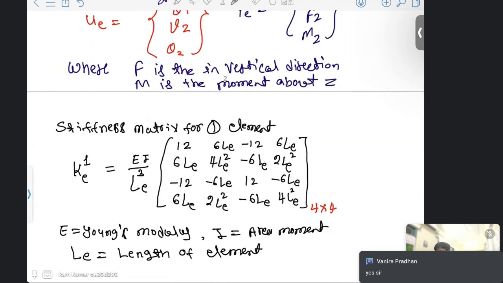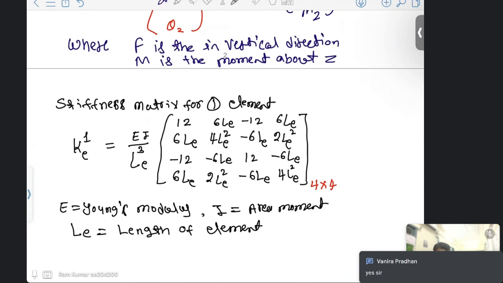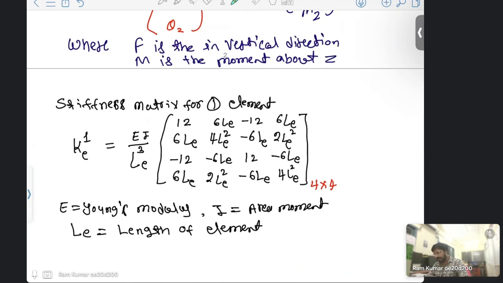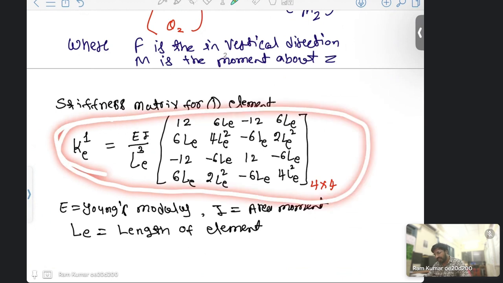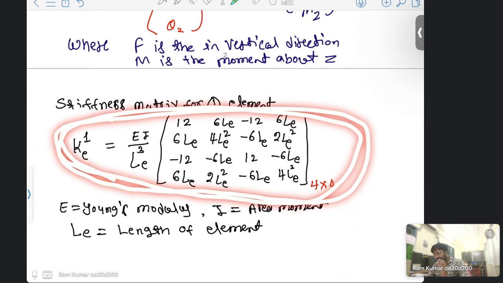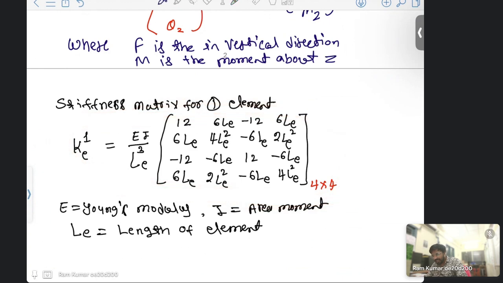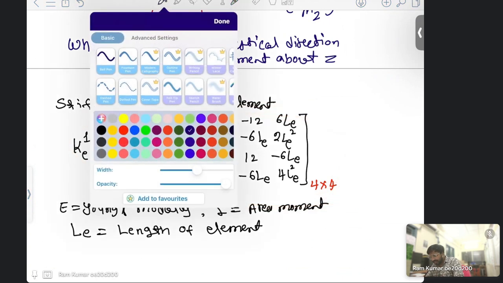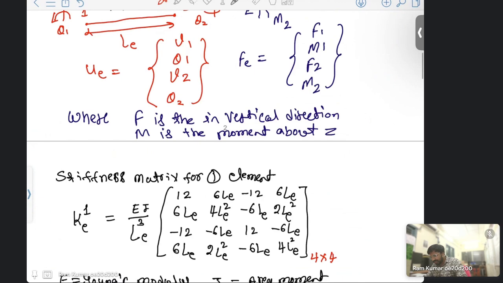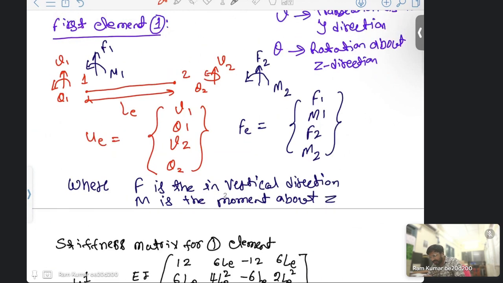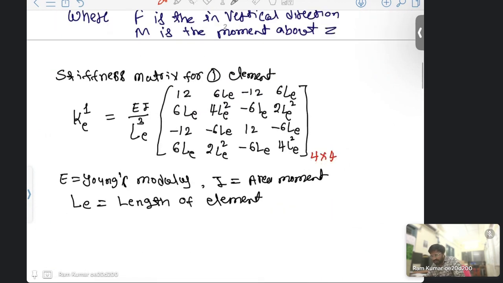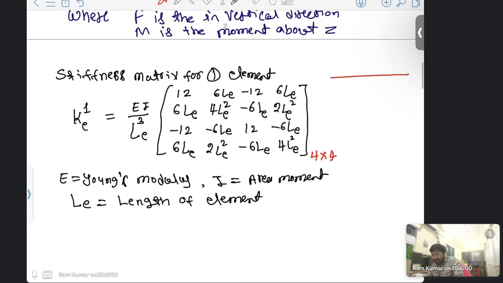Now what we have to do. This is our first stiffness matrix, the stiffness matrix for the first element. So what will we write? We will write here that this is our element, like this.